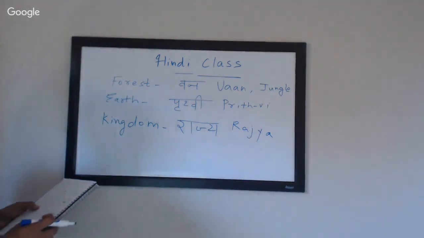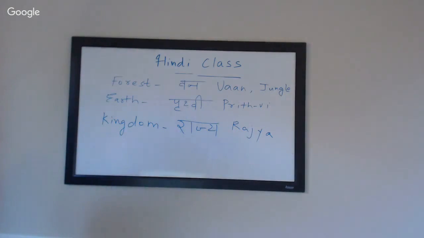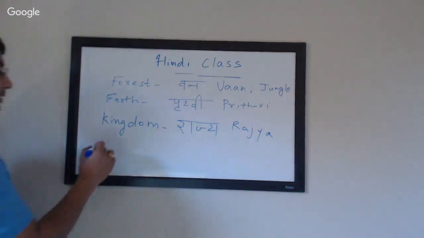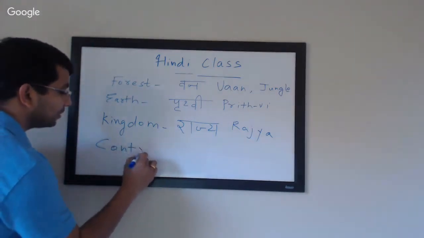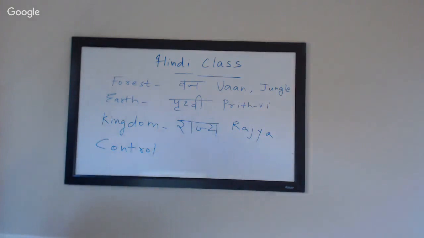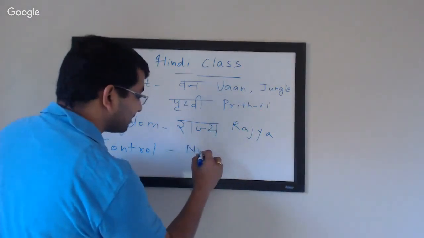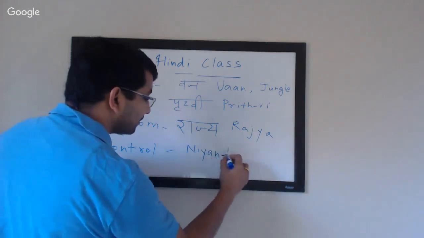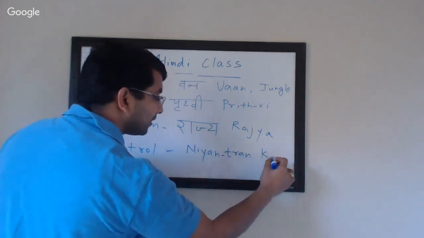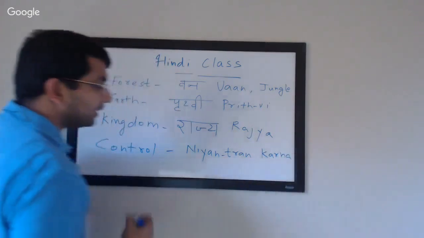Okay. Then comes the interesting one which we haven't done so far, right? The next one is control. Control. Can anyone think about it? We have not done something like this. To control is basically a difficult one. Okay, so let me write down. Niyantran karna. Okay, niyantran karna.